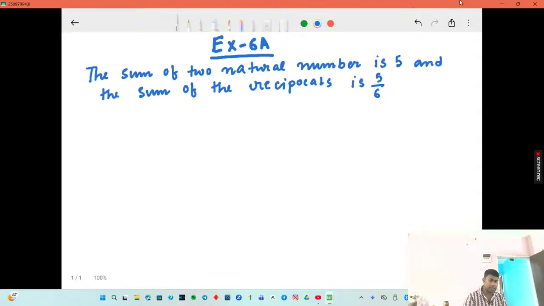The numbers are? So can you help me to solve this problem?